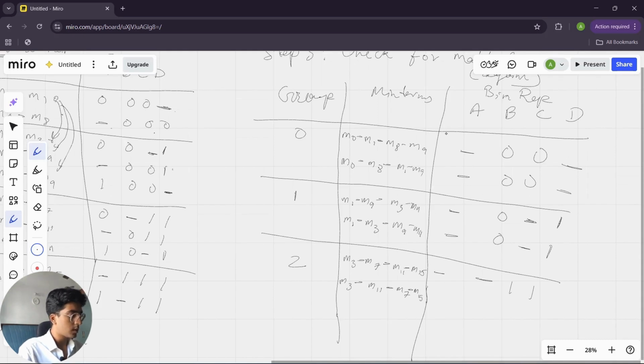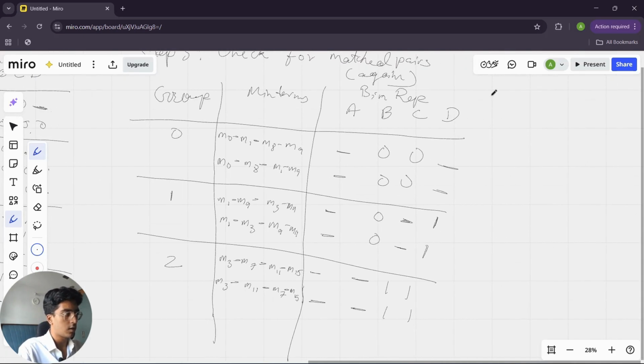It is also represented as dash dash 1 1. You can check it later, it's correct. Now we'll have to write the representation for it. How will we write that? See, over here we have zeros in this column.